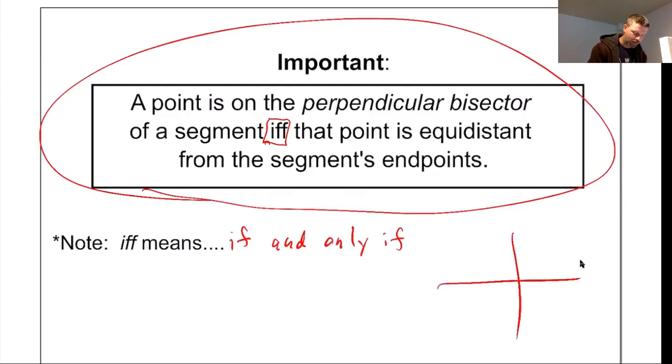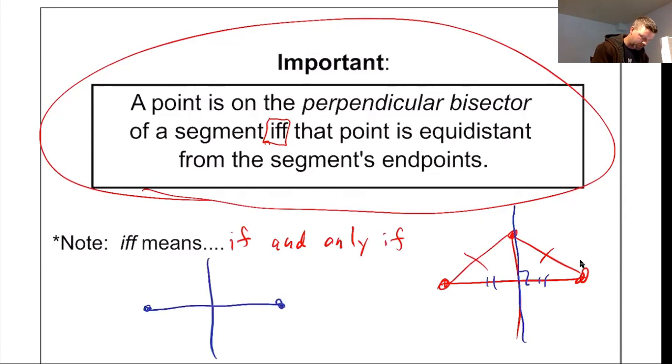If you know you have a point that's equidistant from two endpoints of a segment, then you know that this thing here is a perpendicular bisector. Or the other way around, if you know you have a perpendicular bisector, then any point on that perpendicular bisector is equidistant from the endpoints. If and only if statements just mean it works both directions. All right.